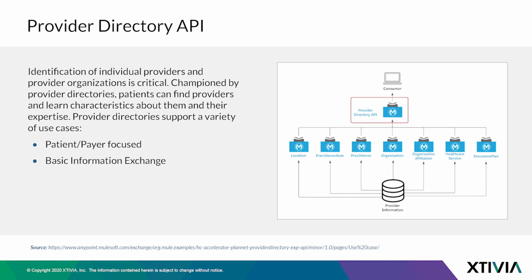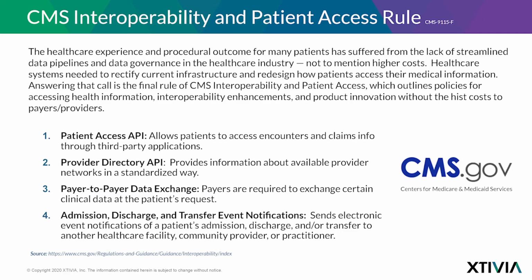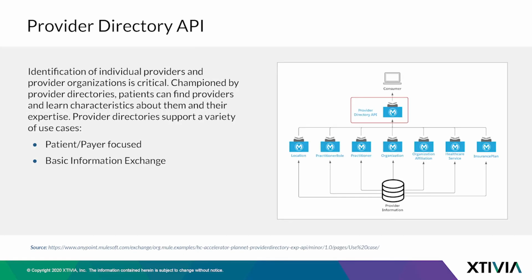And the next thing is the provider directory API. As I mentioned before, we were talking about numbers 2 and 3 pretty much here: provider directory API and peer-to-peer data exchange. There are two aspects of the directory API, and as I mentioned before, the primary aim is identification of individual providers and provider organizations, which is critical and backed by the provider directories.